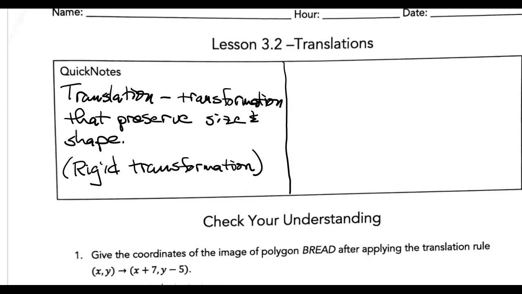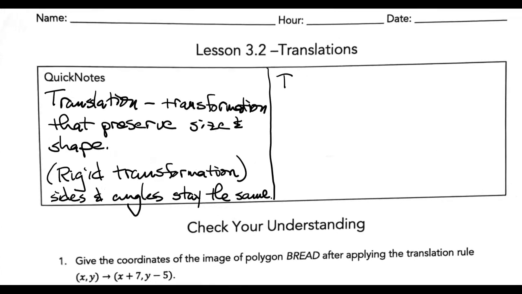Okay, so this means that sides and angles stay the same. All right, so now we have certain rules.